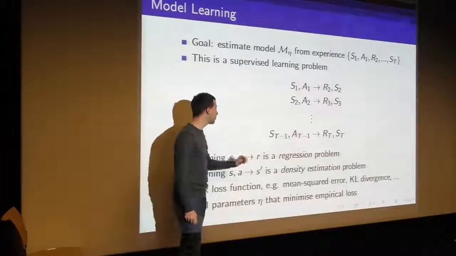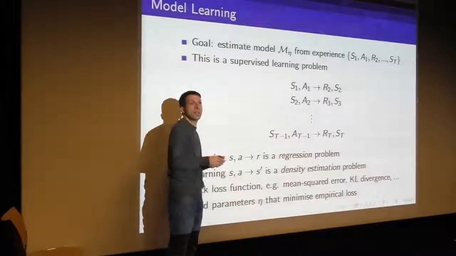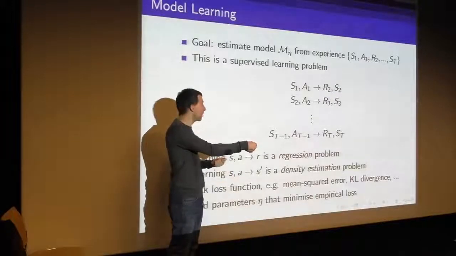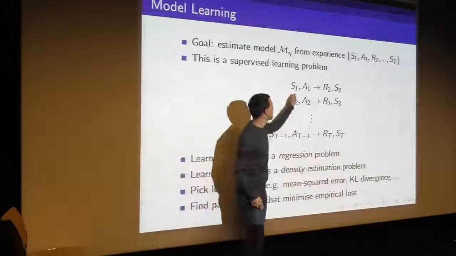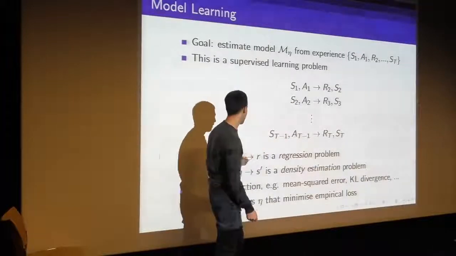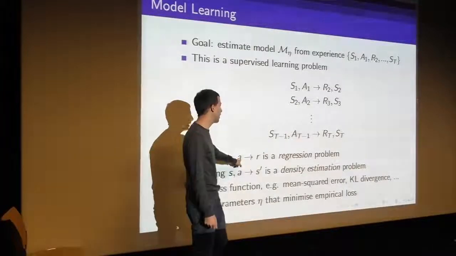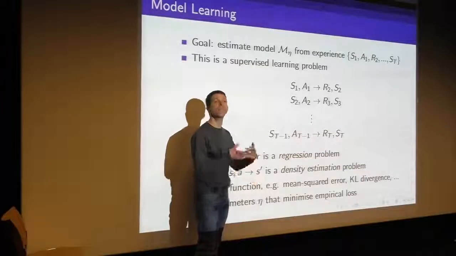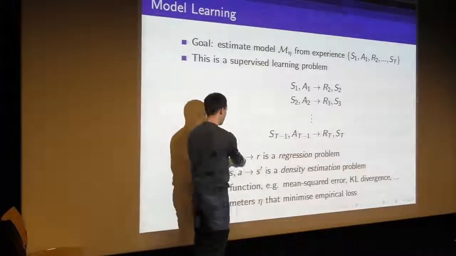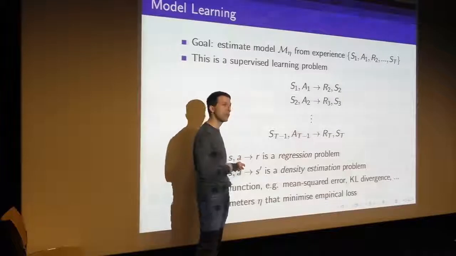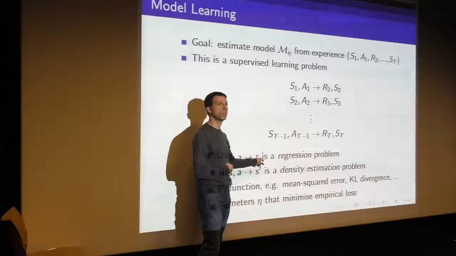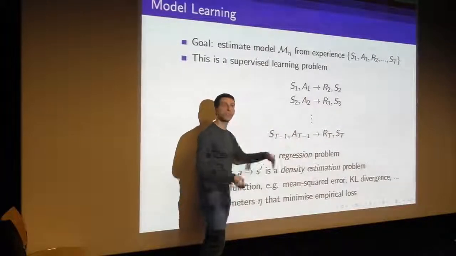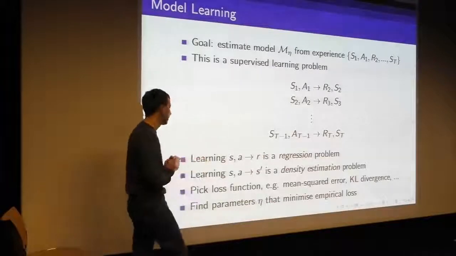To learn the reward function, we're just trying to learn how much reward will I get in expectation from taking some state S and some action A. If in S I take action A, how much reward do I expect to get? That's a regression problem. We give as input a state and action pair, and we're trying to estimate how much reward we'll get. We use all of these as examples to train this regression problem.